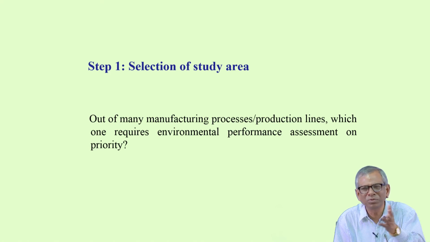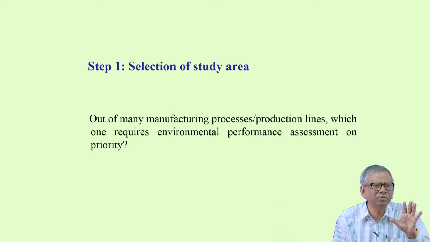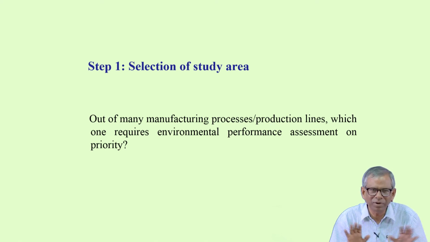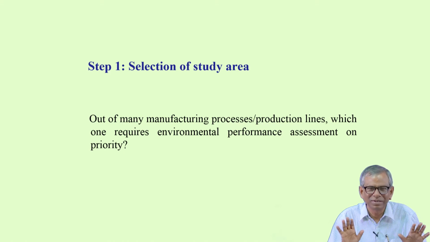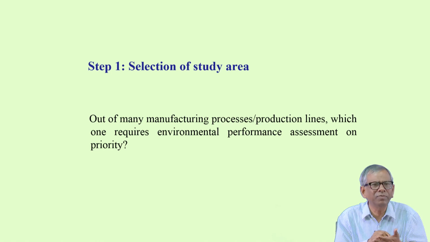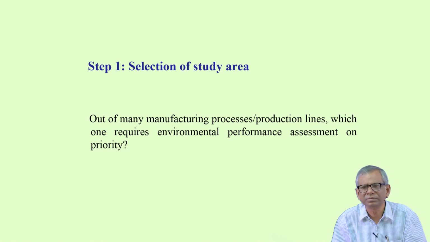Just spend 2 to 3 minutes. I need to select, so what are the factors you need to consider? You are getting my point? Each one of you, can you write down the 5 factors I need to consider?